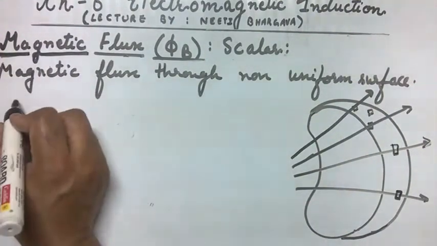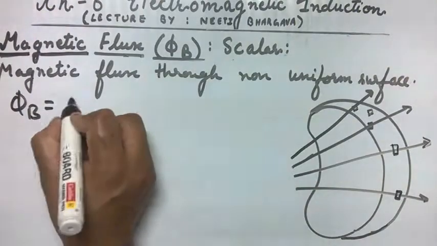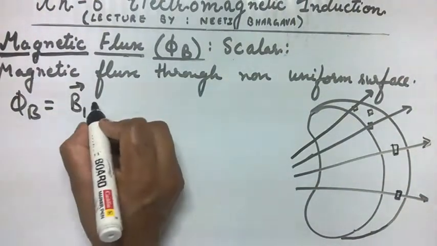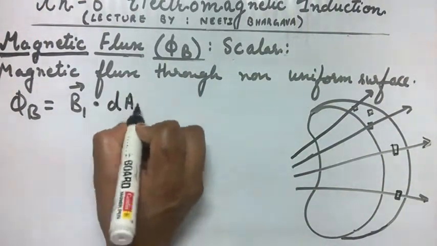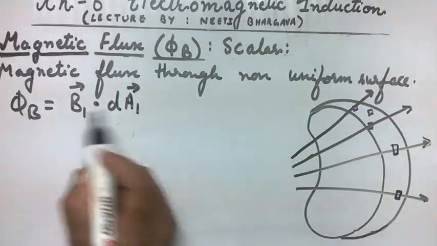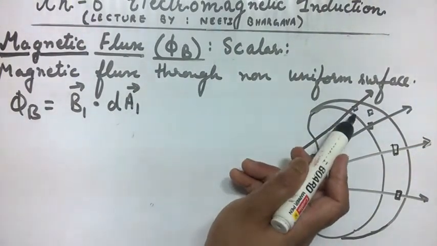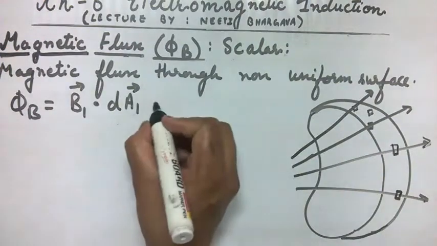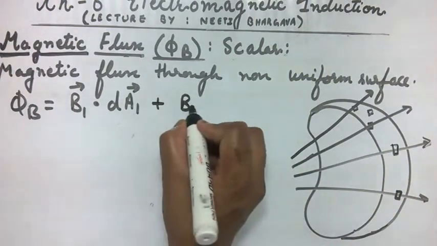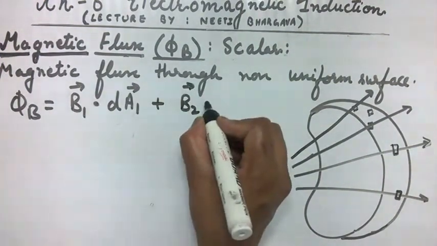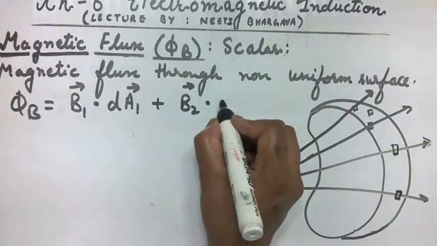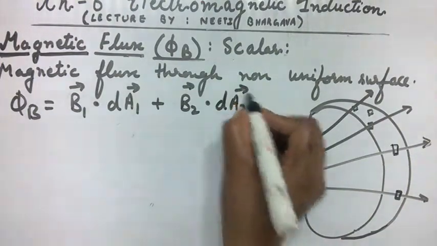Thus the magnetic flux is equal to dot product of magnetic field passing through area element 1, magnetic field passing through area element 2, and so on.